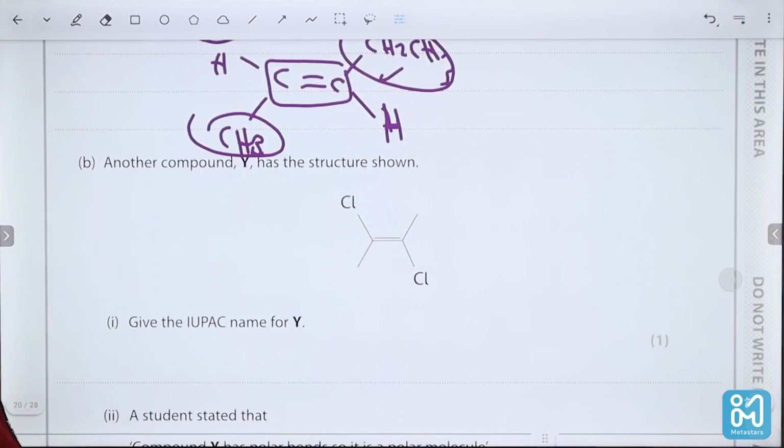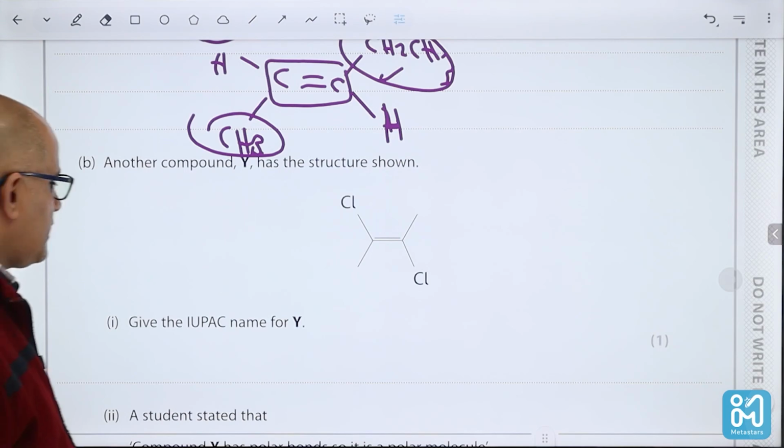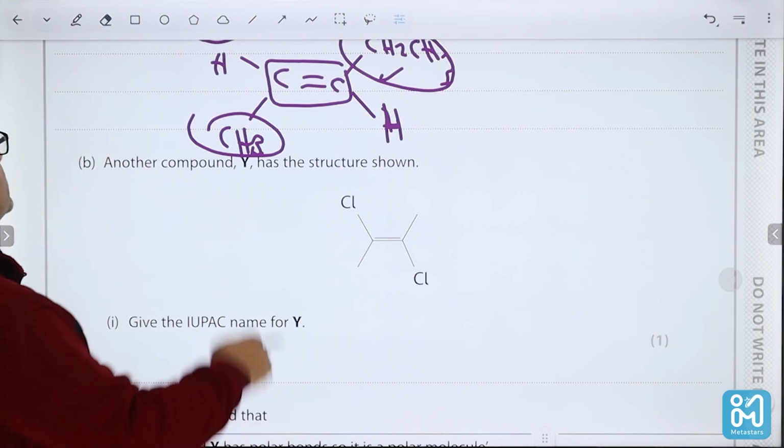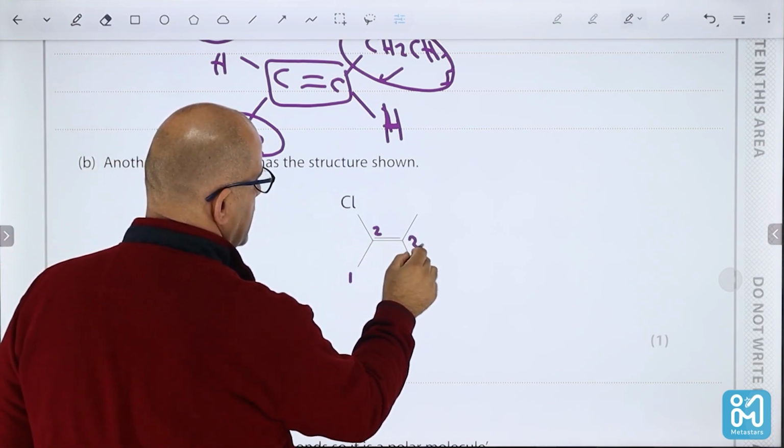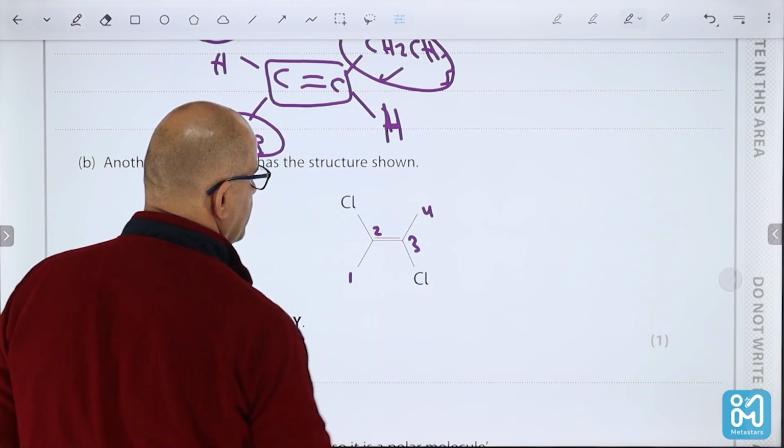Another compound Y has the structure shown. Give the IUPAC name of Y. Now to name this structure, it's 1, 2, 3, 4.